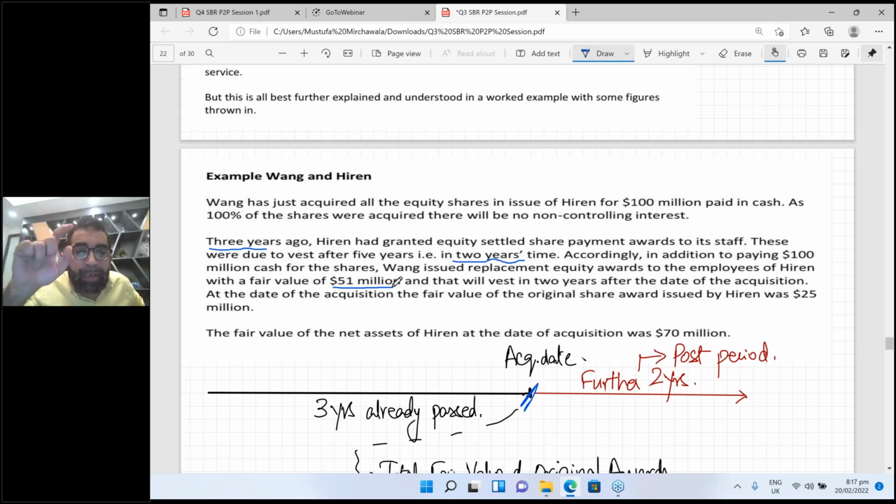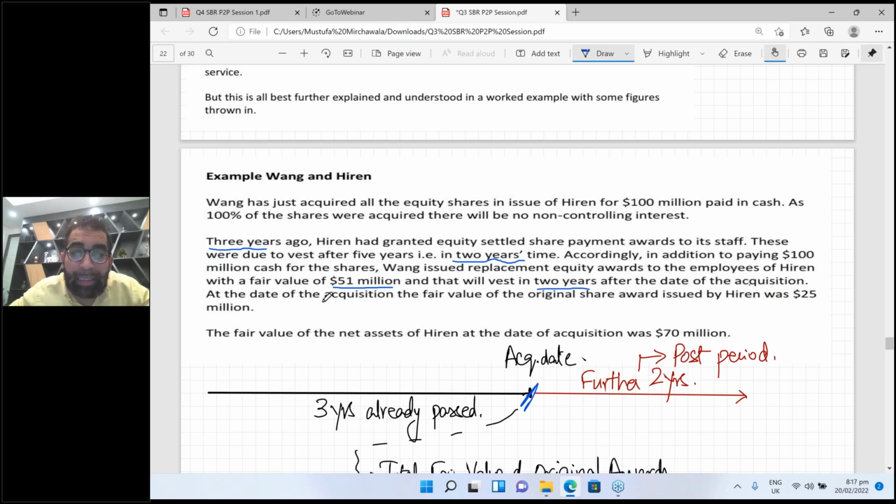Now you need to split how much of this 51 million relates to pre, and how much of this 51 million relates to post. Don't worry. This is the total amount of shares given by the parent company that will vest in 2 years. Yes, employees must stay 2 years after the date of acquisition.